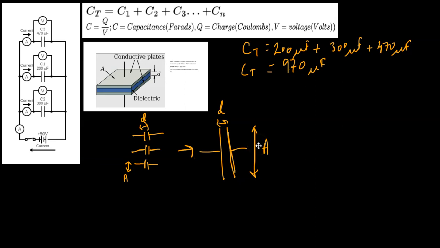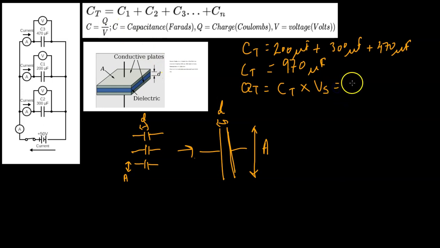Okay, so then for the next part of understanding capacitors in parallel, let's just work out what the total charge would be for this equivalent capacitor and what each individual charge would be as well in coulombs. Let's start by working out what the total charge would be. So Q total would be capacitance total multiplied by voltage supply, using this equation here.